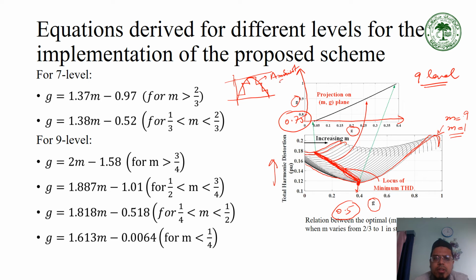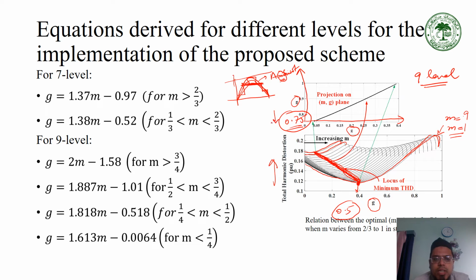If I am reducing this M, then the amplitude is going to reduce, and a point will come when it will not go above this level, so the number of levels will become less. So to obtain the maximum number of levels, there is a limit on M also. You cannot go beyond the value 0.75.